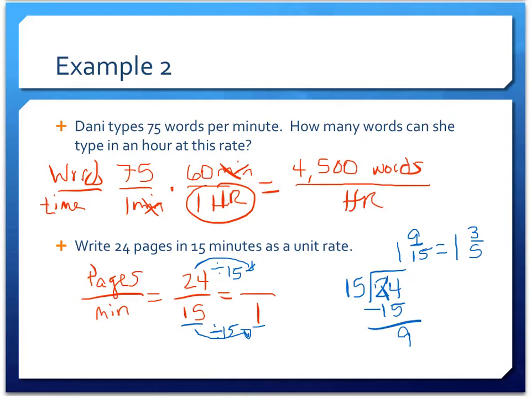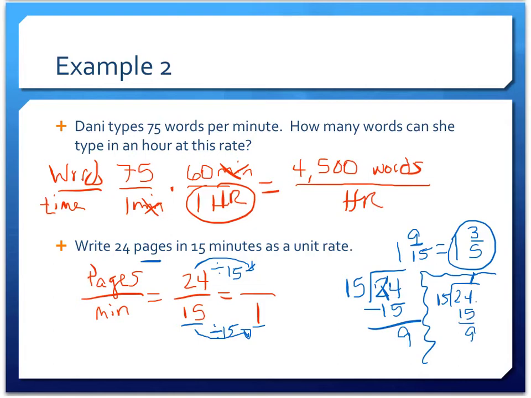So I could say that, but that doesn't make as much sense maybe as a decimal. But I could say 1 and 3/5 pages per minute. We could also write this as a decimal, in which case 24 divided by 15 would be 1, and I get 9.